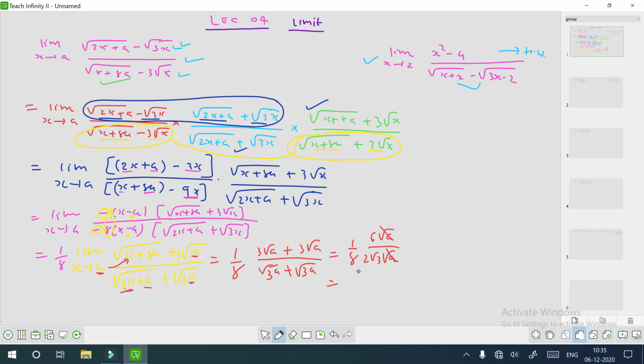Root a cancels, 3 is there, root 3 cancels. What we get? Root 3 by 8 is the answer of this question.